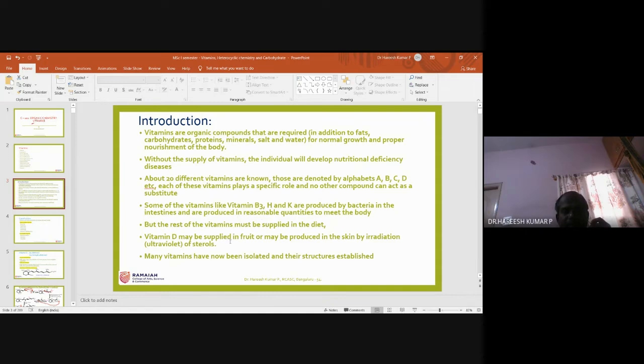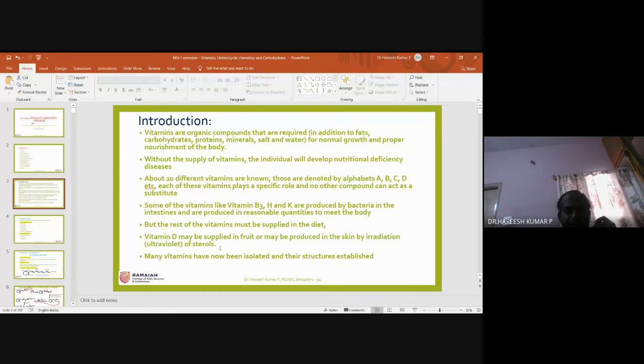More particularly in mega cities, those who leave the house early in the morning before sunrise and return after sunset, after 6 o'clock, find it difficult to get exposed to sunlight, and that causes a deficiency of vitamin D. In children it's rickets, maybe something like bow-legged arms.